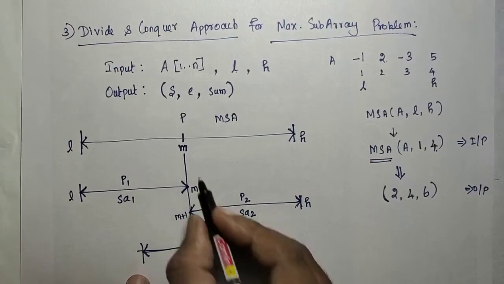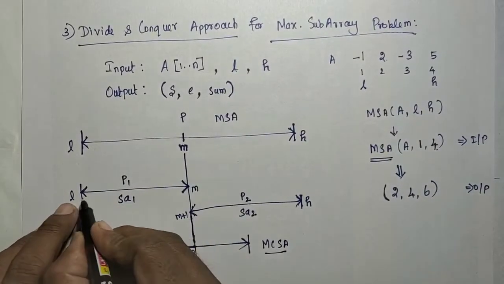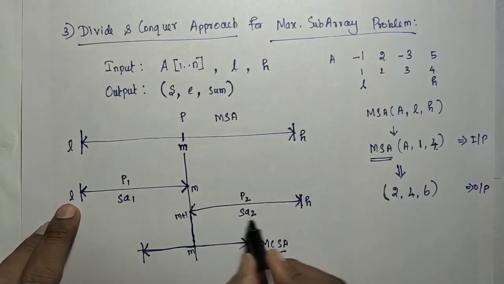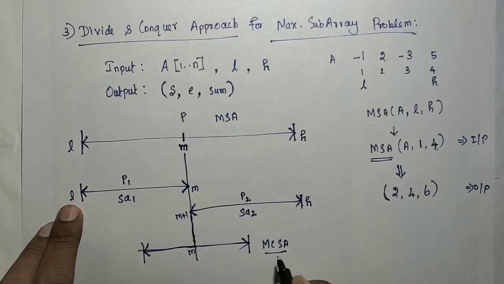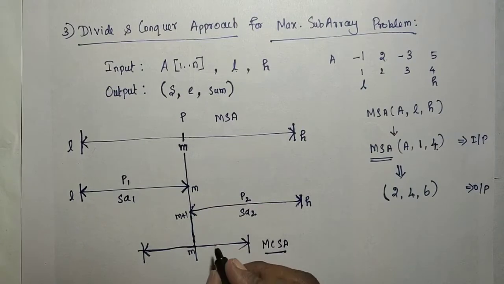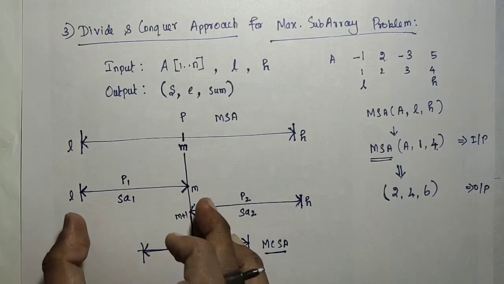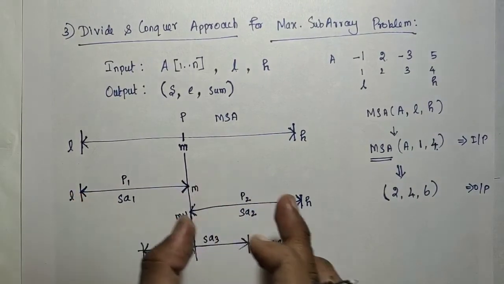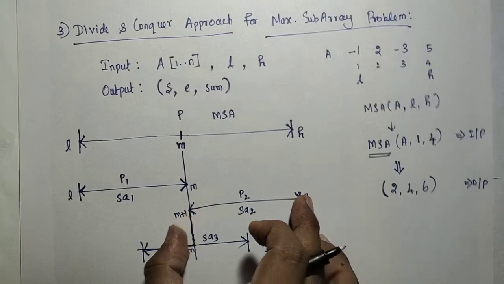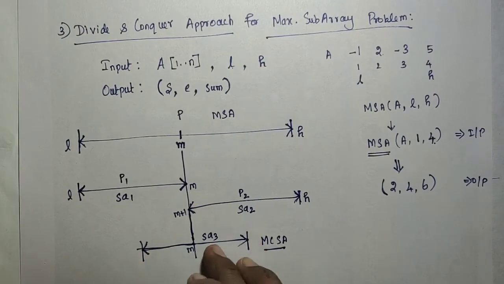But here the main problem is divided into two subproblems, that is the range L to M, M plus 1 to H, and then another problem: the mid-crossing subarray we are going to calculate. This is SA3. From this range we will obtain one subarray, from this range we will obtain one subarray, and another subarray which crosses the middle element, that is SA3.